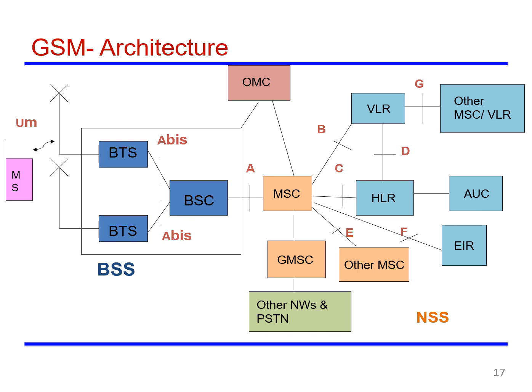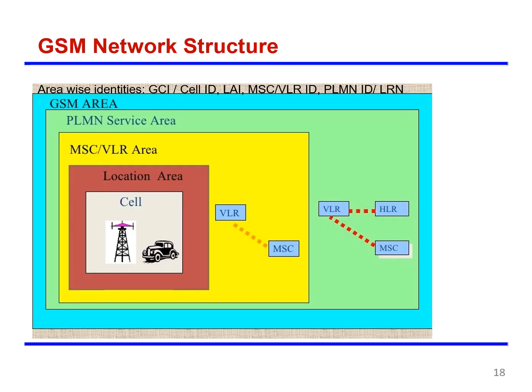Now let us understand the functions one by one. Before we go to the functions, let us look at the area-wise identities. We know that the BTS gives you some geographical coverage area. That coverage area we call a cell, and every cell is identified with an identity called the Global Cell Identity.